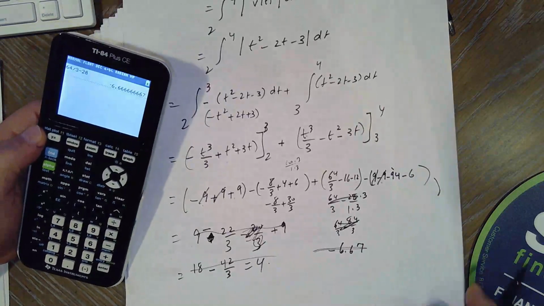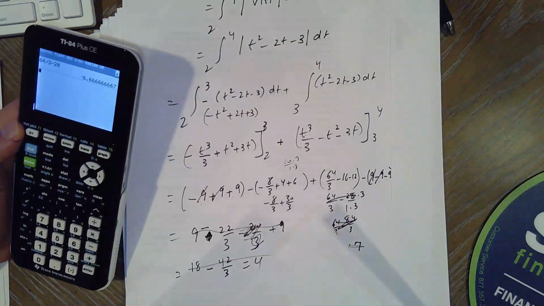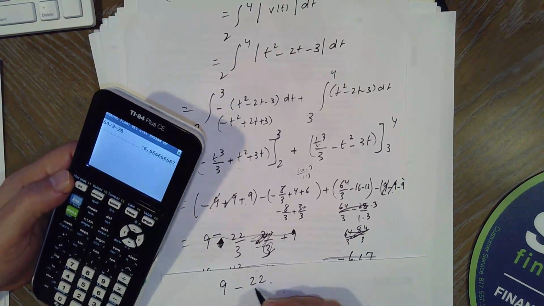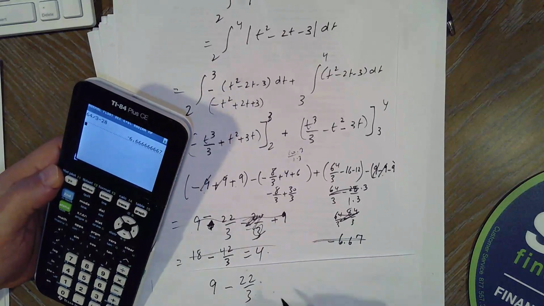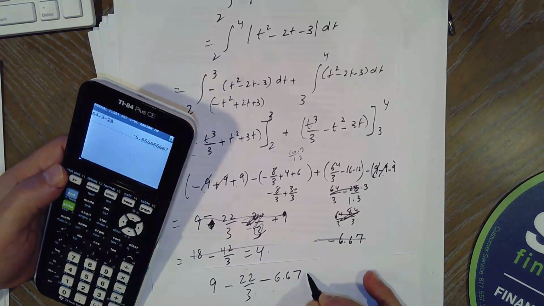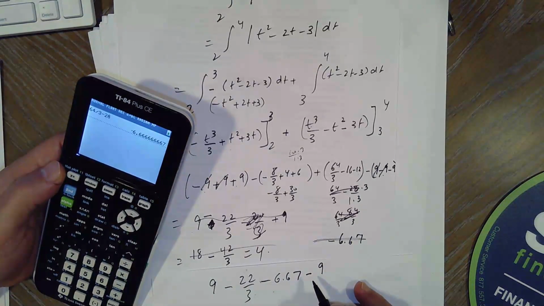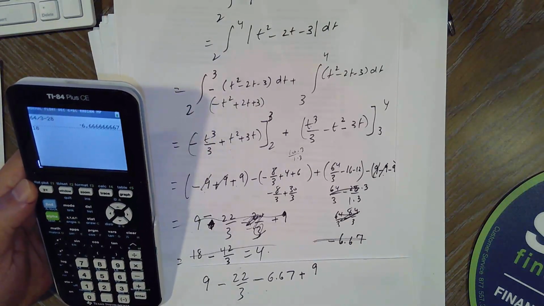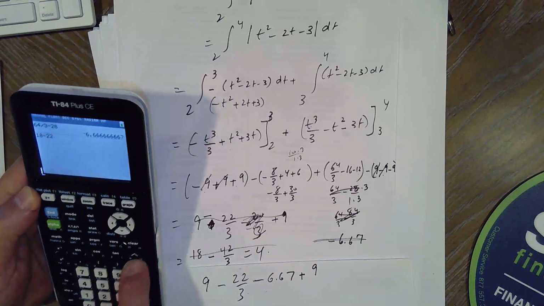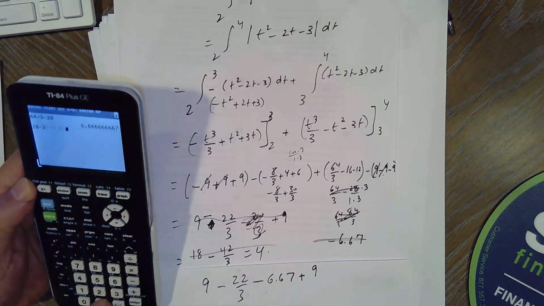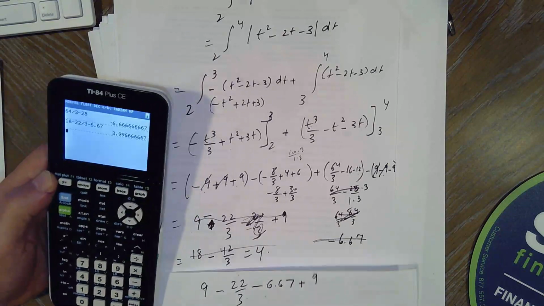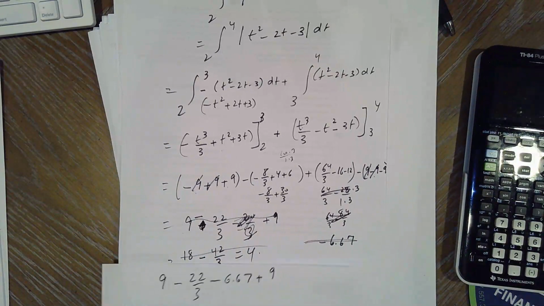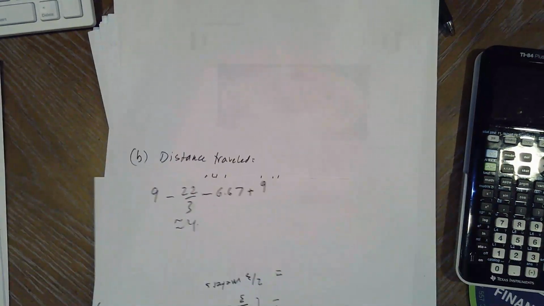So we have a 9 from this, and then minus 22 over 3 from the second one, and then minus 6.67, and then plus 9. So it's 18 minus 22 over 3 minus 6.67. It's about 4. Yeah, okay, this is what I'm getting. So check the numbers anyway, but that's how the problem is done.